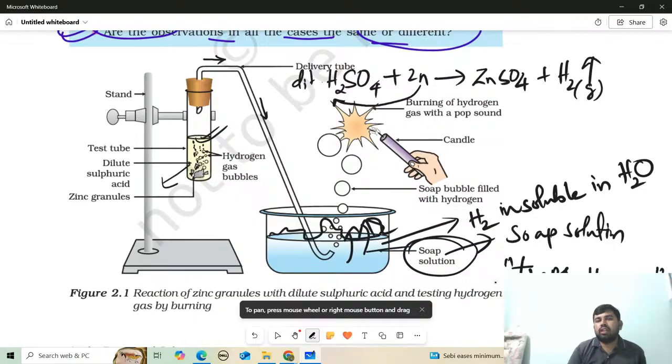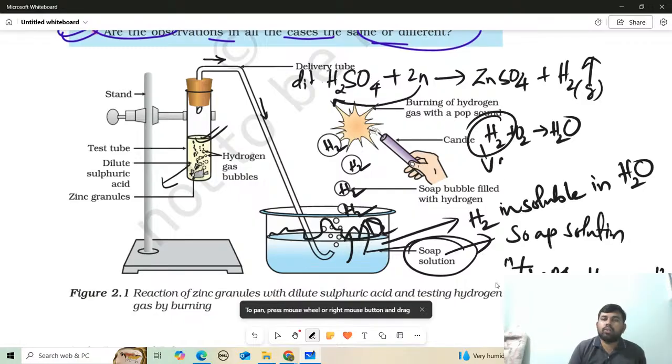This hydrogen gas has a fuel character, so it burns in oxygen and forms H2O. This hydrogen gas is used as fuel in jet aeroplanes, like rockets we can say.